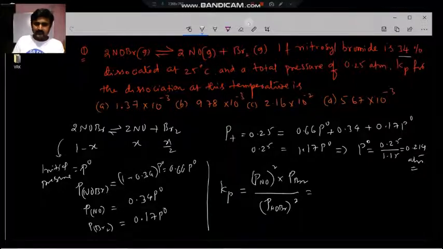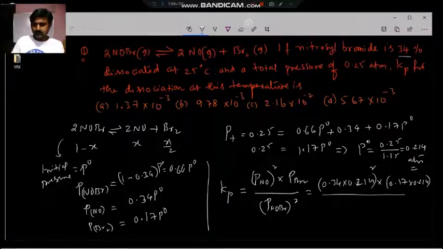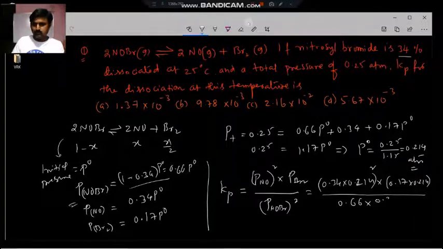In this we have 0.34 into 0.214, which is the partial pressure of NO, whole square, into 0.17 into 0.214, the partial pressure of Br2, divided by the partial pressure of NOBr, that is 0.66 into the total pressure 0.214 we got, whole square.